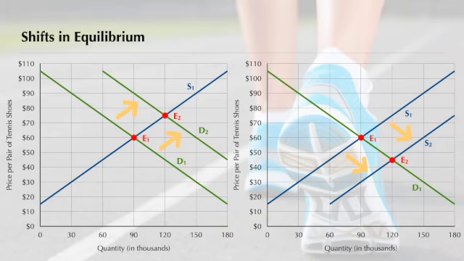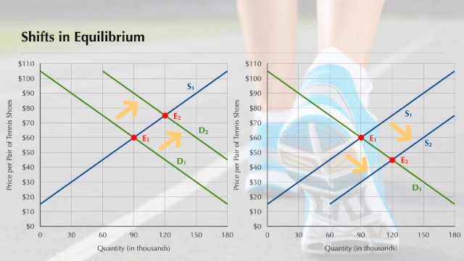You can see an equilibrium shift on these graphs. The graph on the left shows the result of a shift in demand for tennis shoes. Suppose that the tennis championship at Wimbledon is won by a new teenaged athlete. As a result of publicity for the sport, consumer preference for tennis shoes increases.